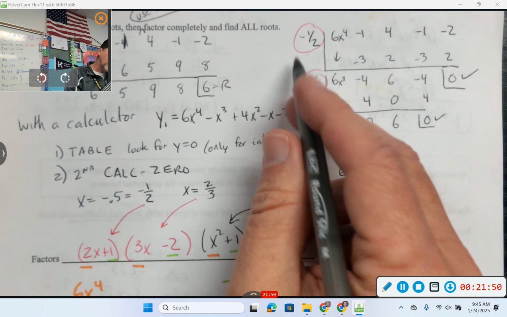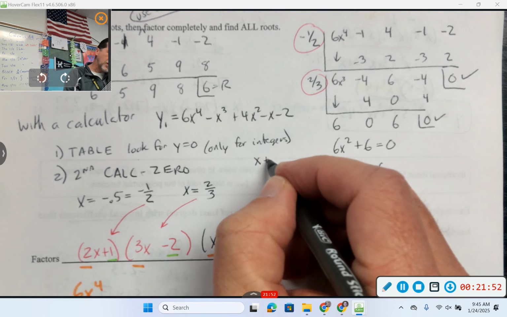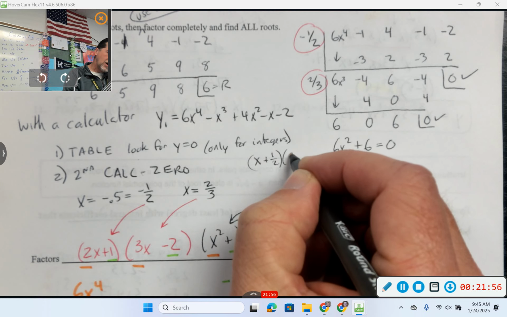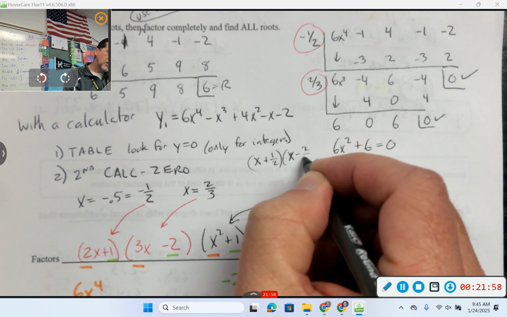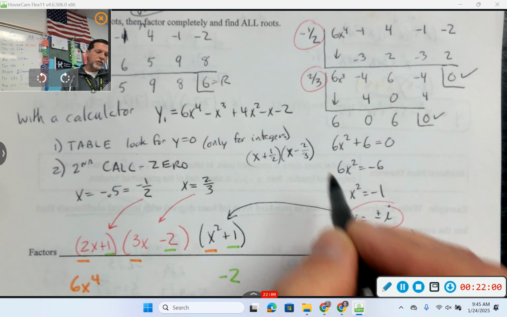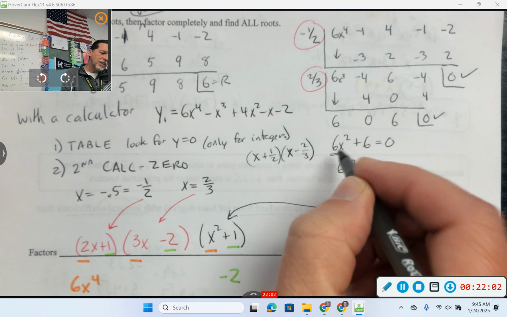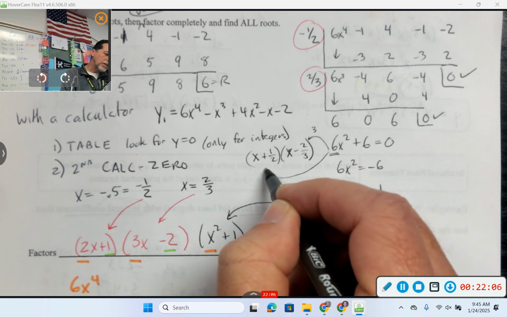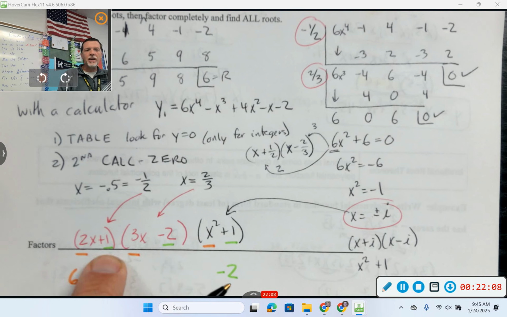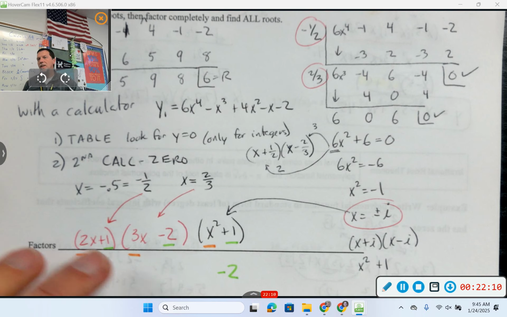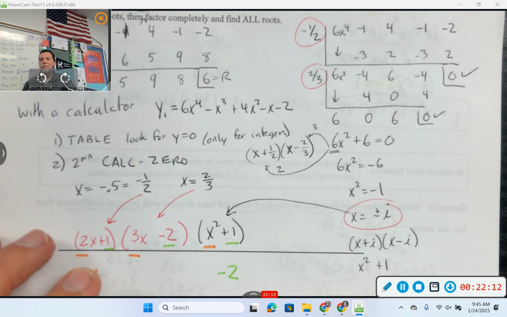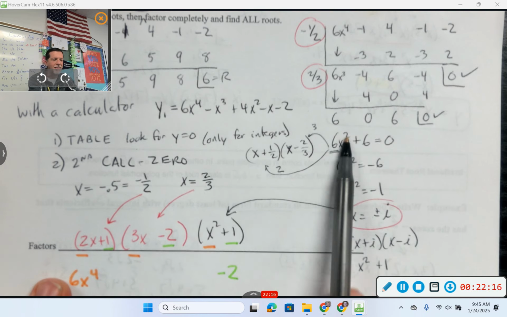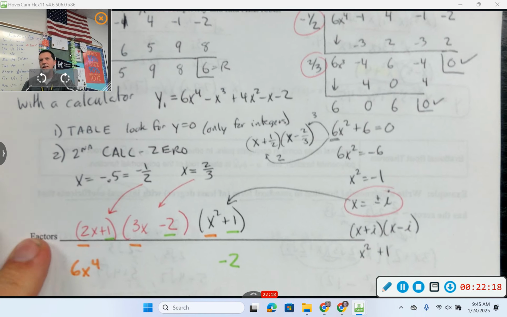It kind of is related to, if we wrote this as x plus 1/2 and x minus 2/3, if we took that 6 out of there, and put 3 of it onto this one and 2 of it onto this one, then we would get our integers. Usually we don't worry about that. We just know how to make the integers work, and we take the 6 off and don't worry about it.